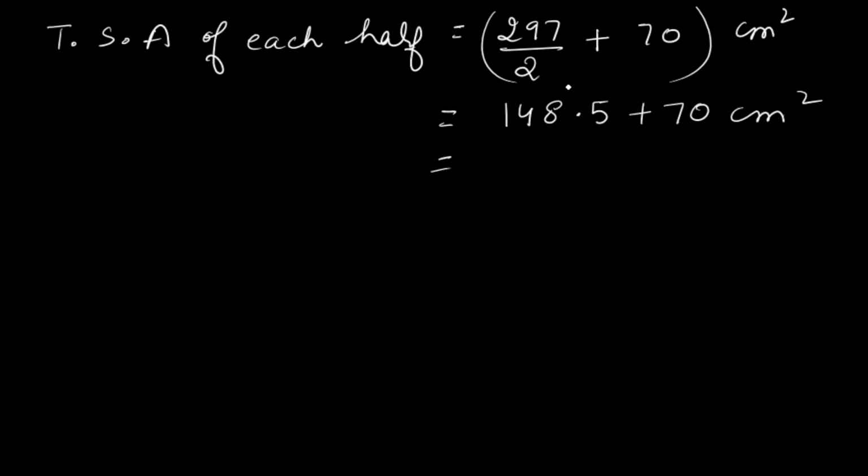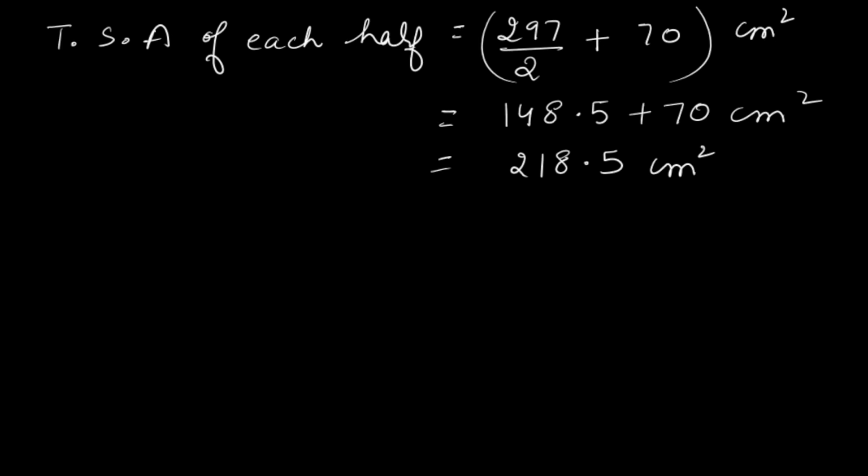So now you can add, what is 148 plus 70? So it is 8, 7 plus 4, 11, 218.5 centimeter square.